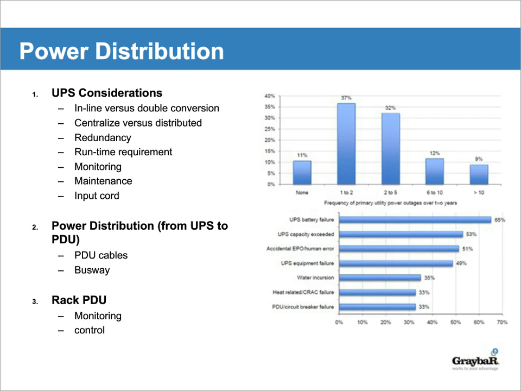This is a duplicate slide, but the graphics on the right are different. I just added this slide here to show you that most downtime in IT is caused by UPS battery failure, right? Again, people are not monitoring that UPS battery, and whenever they need the battery to work, the battery doesn't work because, well, it wasn't being monitored and they didn't know the battery needed to be replaced, right?